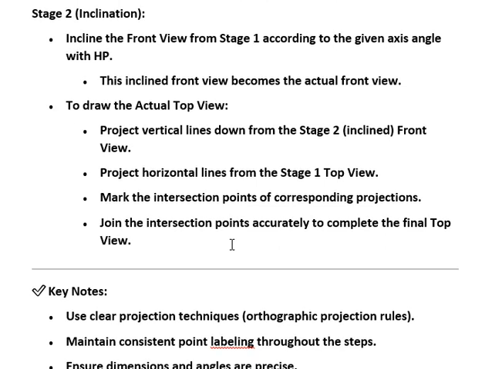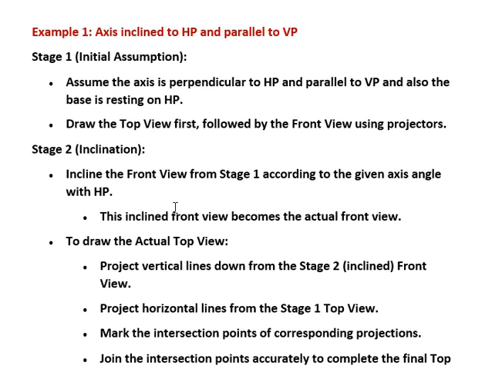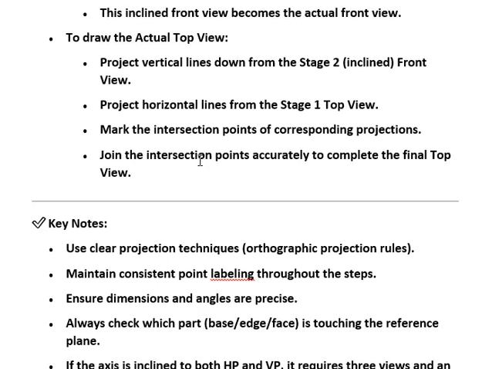Then join the intersection points accurately to complete the final top view. So in stage 2, whatever shape we get in the front and top view is the actual shape of the object based on the given conditions. So this is the procedure one has to follow for solving problems in projection of solids.